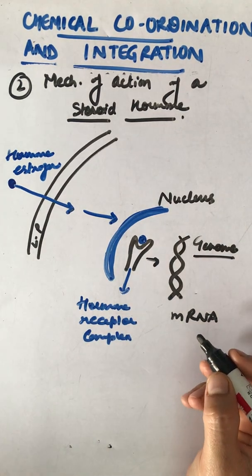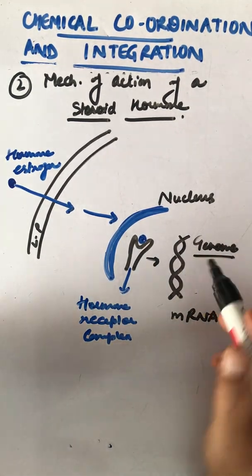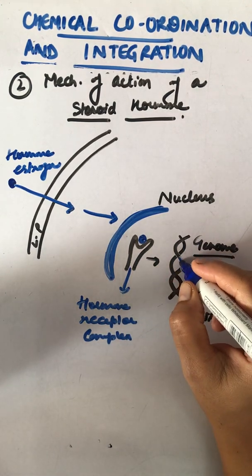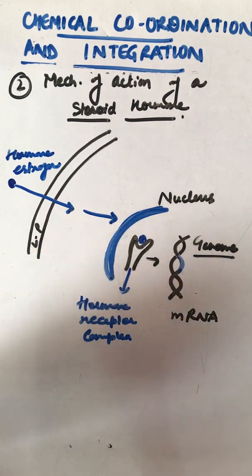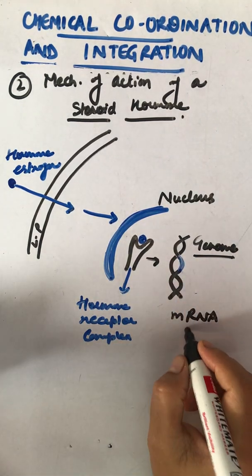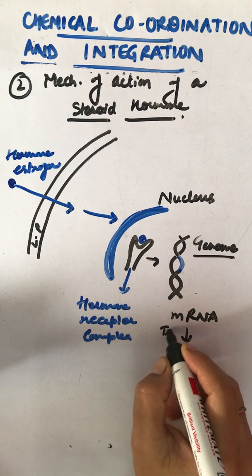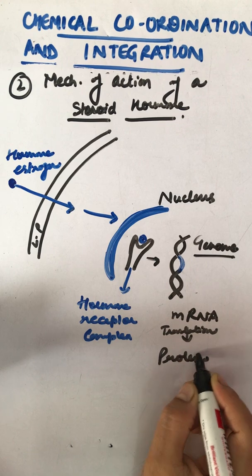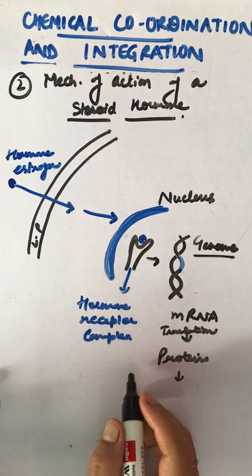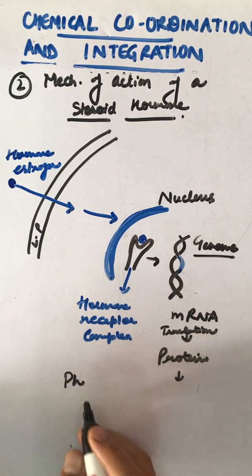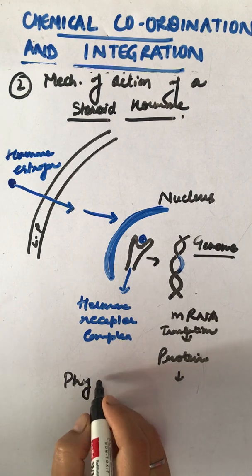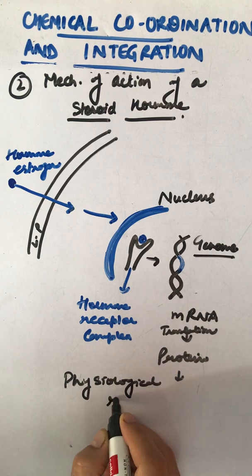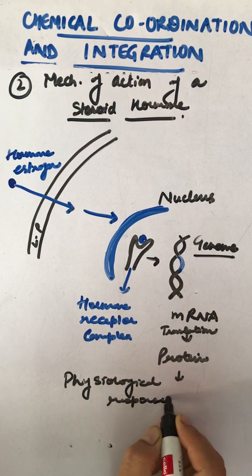The messenger RNA will automatically gain this information through the genome, that is through the chromosome, and this information will flow by the process of translation, that means protein synthesis, and this protein will automatically affect the growth. Then what will happen? Physiological responses are observed.